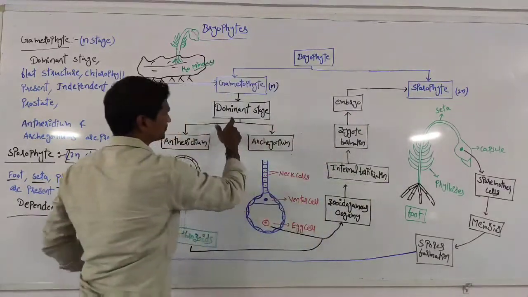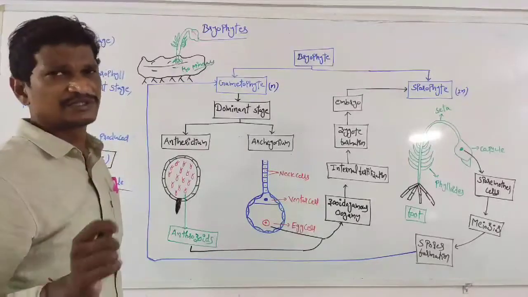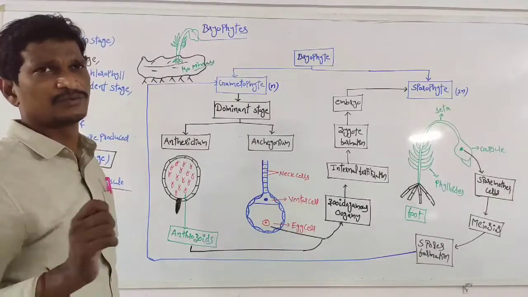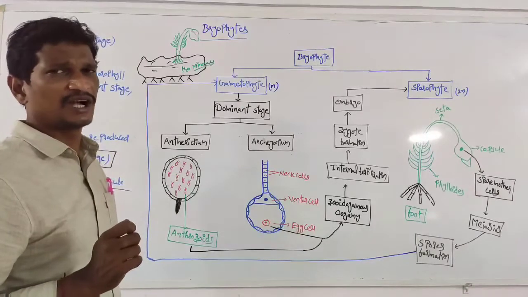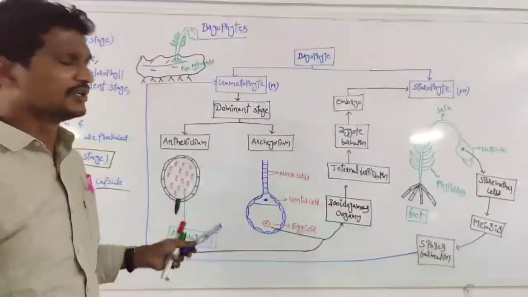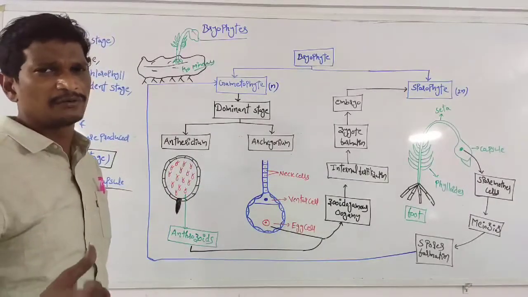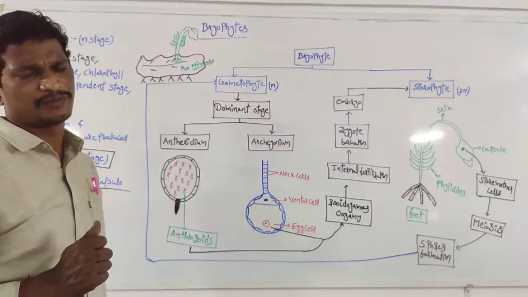Right? See, within the gametophyte there is an antheridium and an archegonium. This is the antheridium structure. Within this antheridium, many male gametes are produced.